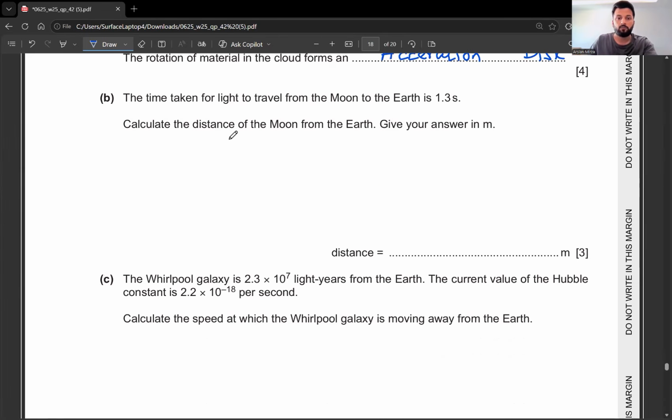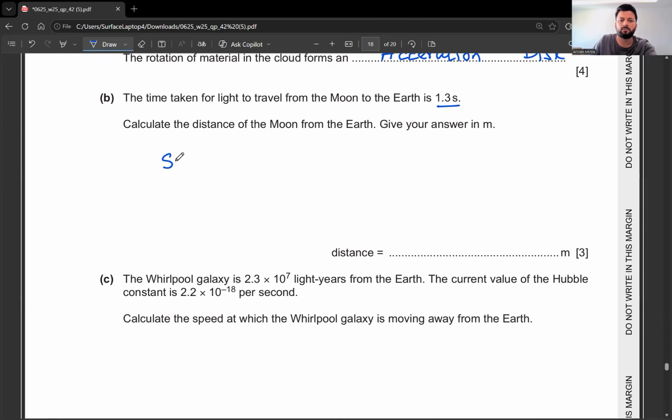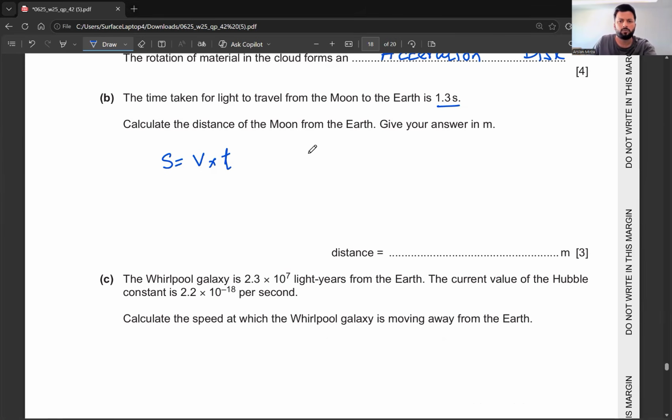The time taken for light to travel from the moon is 1.3 seconds. Calculate the distance of the moon from the earth. Give your answer in meters. It's very simple. Distance is equal to speed times time. The time is already given.